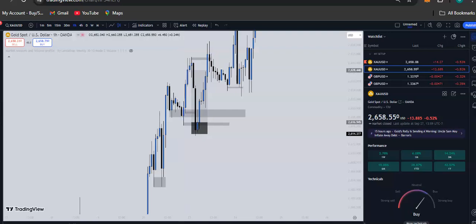After the QML, we also had the presence of a blind spot setup. Initially, I said we were looking to use this particular blind spot setup, but seeing that price gave a QML, I had to use this particular zone. So with that being said, I will take out this particular level.